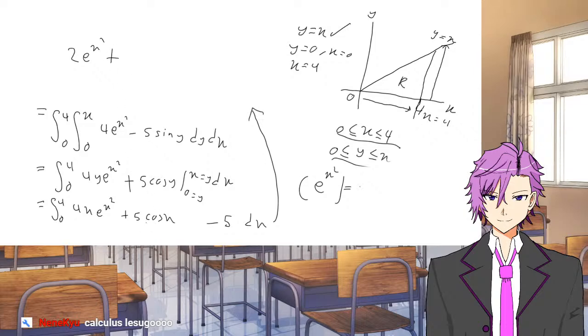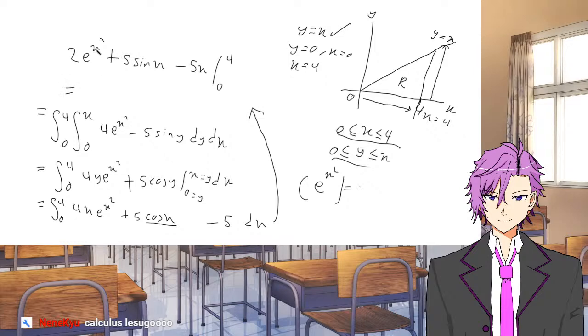Plus integrate the cosine. So integrating cosine will be 5 sine x minus 5x, with x from 0 to 4.